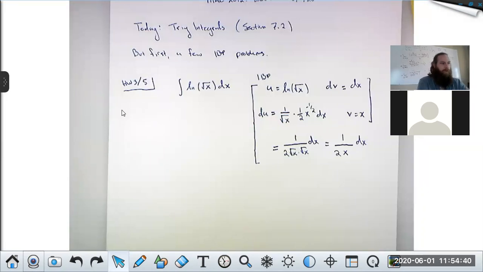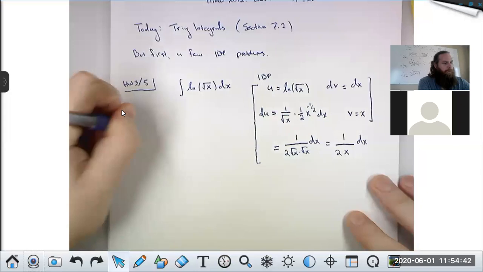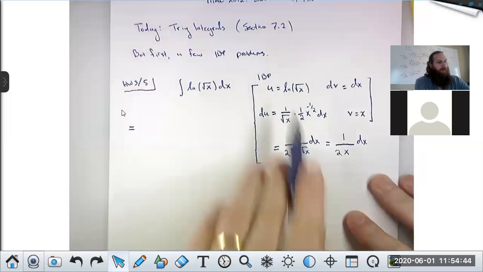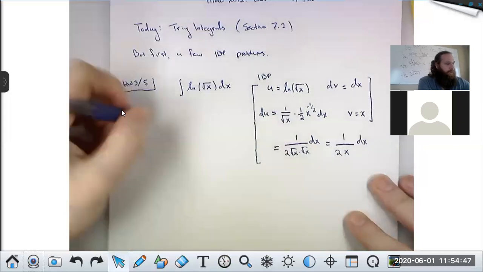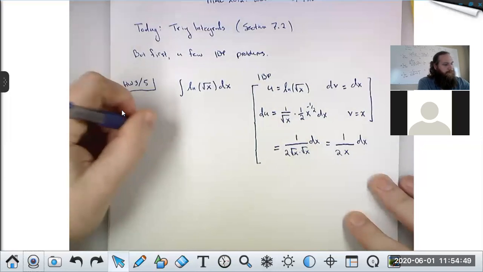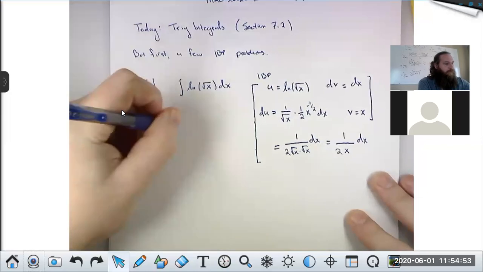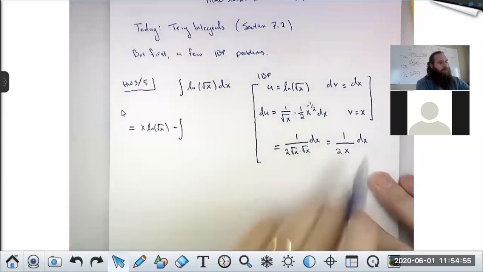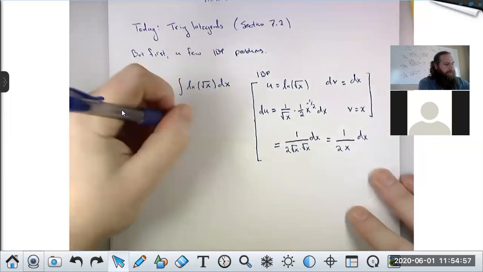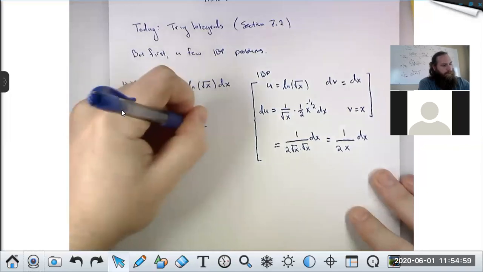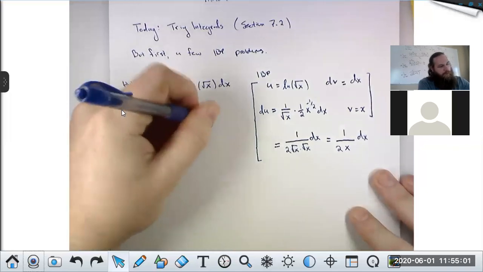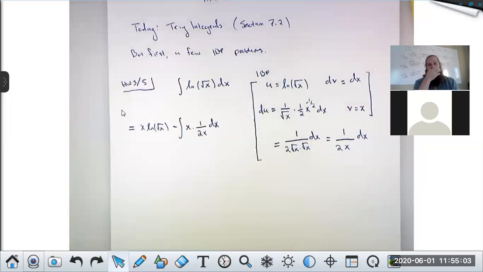Okay. So then according to my IBP formula, I take u times v, and then I subtract from that the integral of v times du. And you see that IBP actually handles this really quickly.